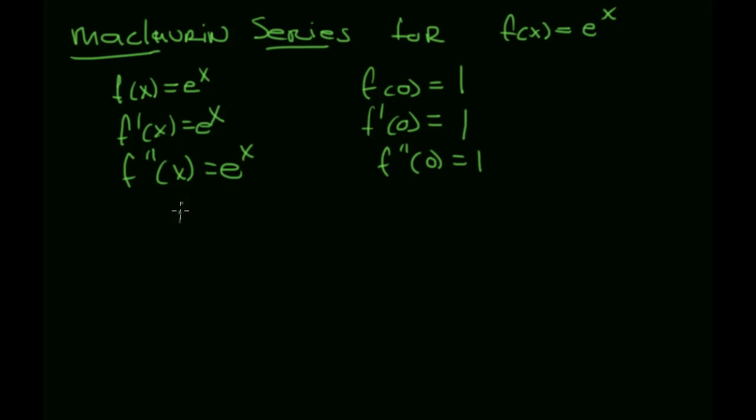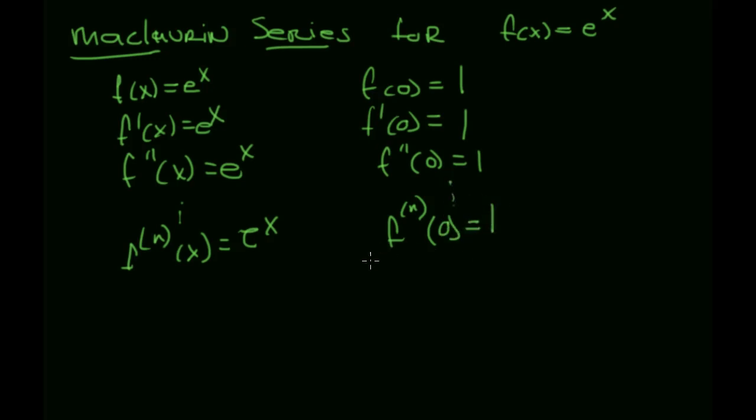Okay, so this is a unique situation where every derivative of f with respect to x is e to the x, and every derivative of f at 0 is 1.